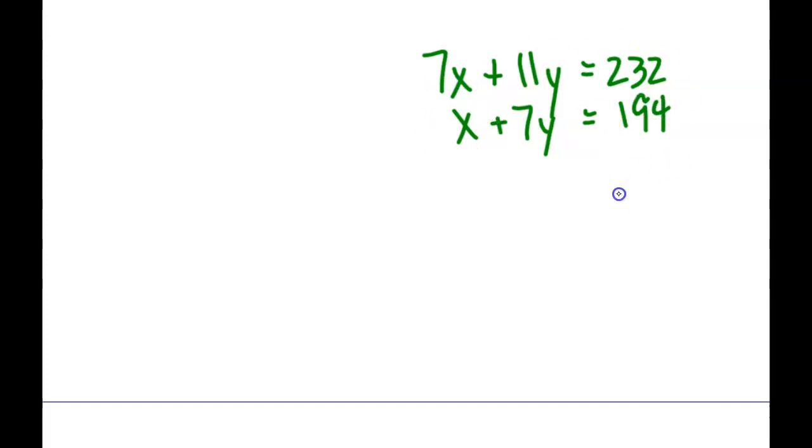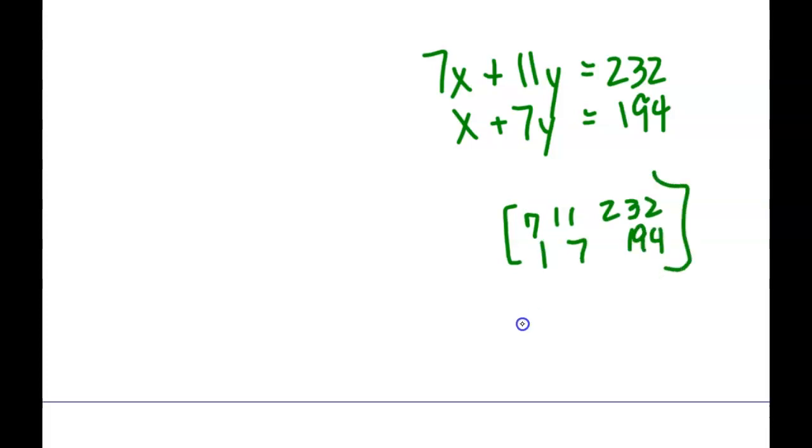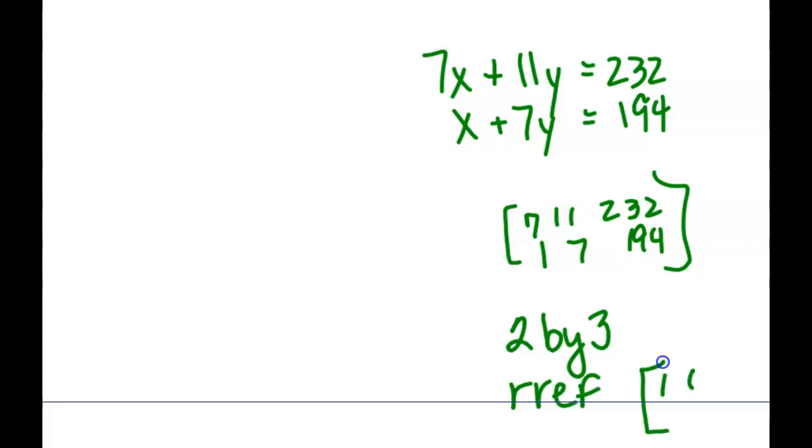Could you solve that system with a matrix? It would just say 7, 11, 232, 1, 7, 194. What size would you be putting in though? 2 by 3. And then you would still use RREF, and it would come out 1, 0, and the price of one of those, and 0, 1, and the price of one of those.